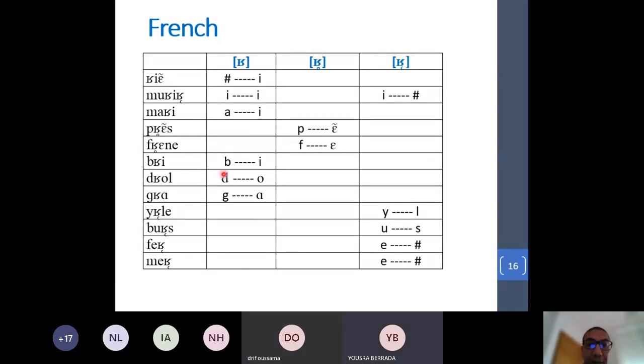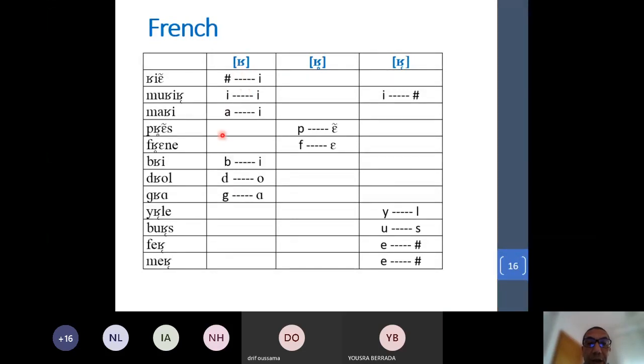Let's look at the left environment here. Is it voiceless or voiced? This is not a consonant. This is the round high vowel U in French. Now look at the left environment for the voiced fricative.